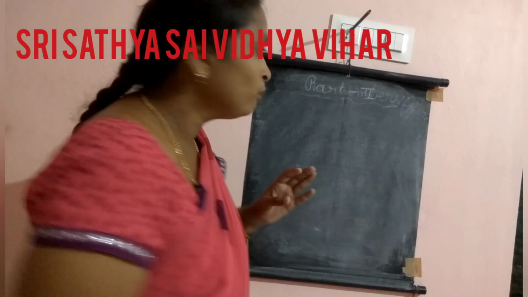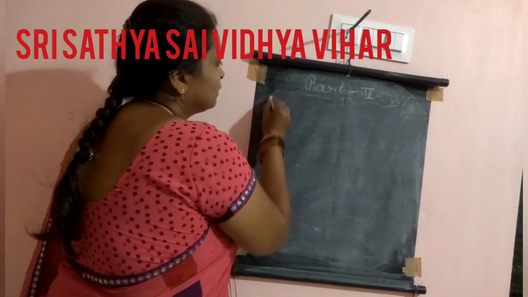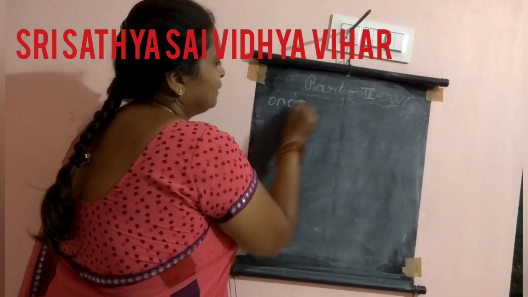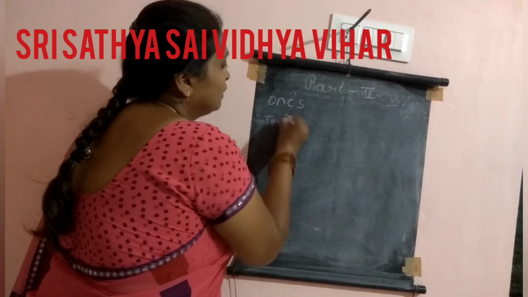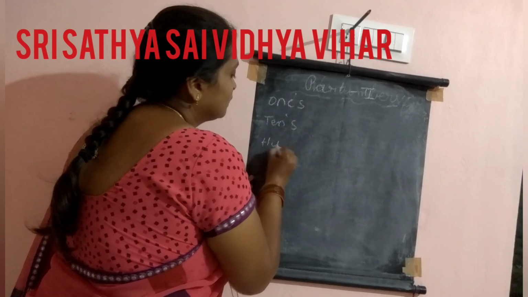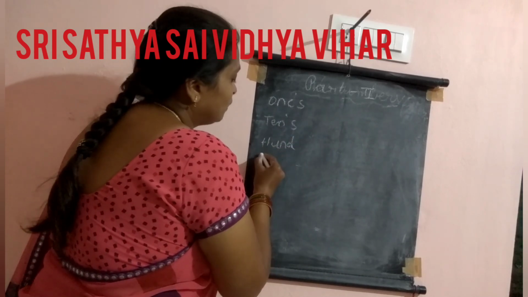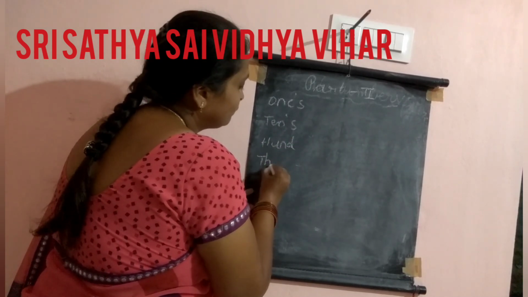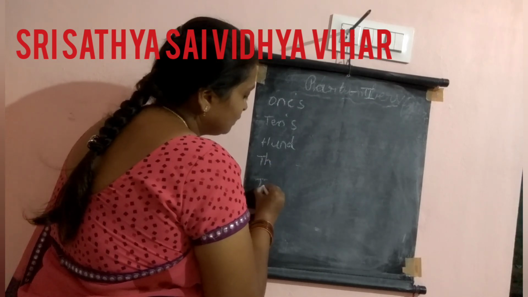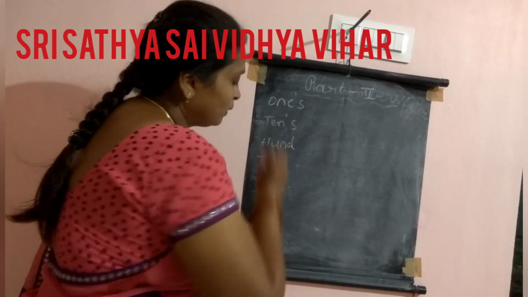What is the national system? 1's place, 10's, 100's, 1000, 10,000. Okay.